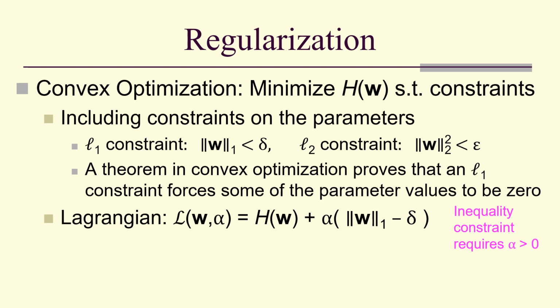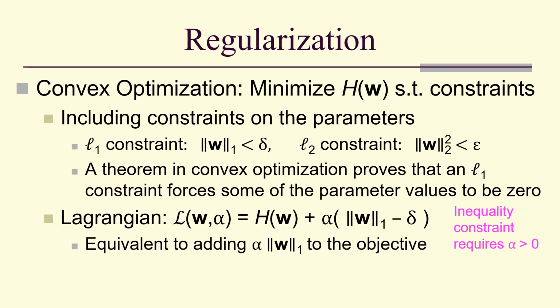Now, solving the Lagrangian is in some sense equivalent to solving the original problem subject to the constraints. And we could have simply said, well, what if we had just added some alpha times the norm of W1 to the objective itself?